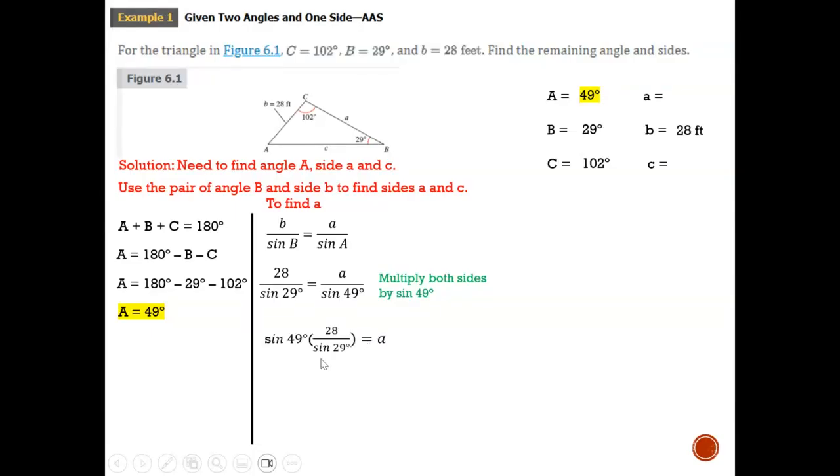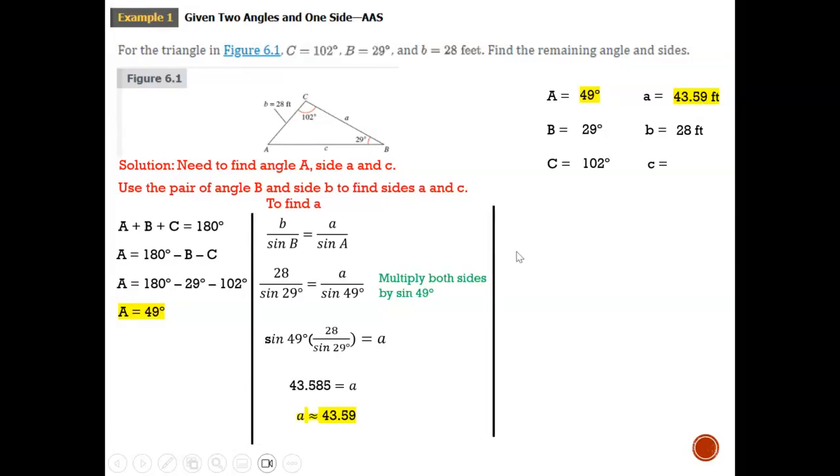That gives us sine of 49 degrees times 28 divided by sine of 29 degrees. Use a calculator and make sure that the mode is in degrees. So side a is 43.585, but I believe they want us to round off to 2 places, so approximately 43.59. So side a will be 43.59.